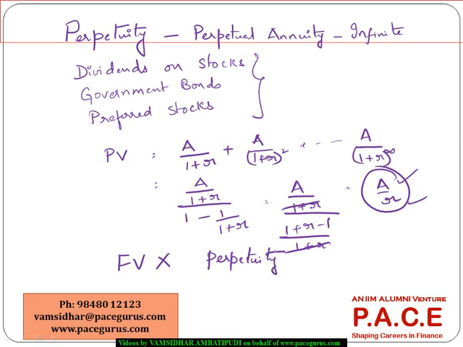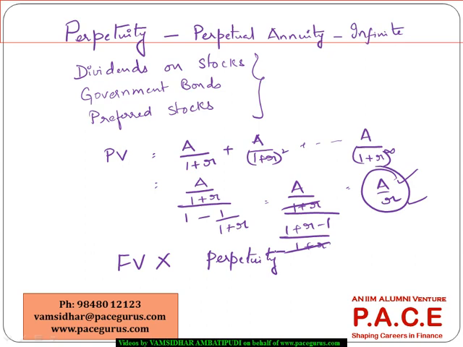I cannot define the time period there, so I cannot decide how much I am going to get at a future time period. So in the case of perpetuity, there is nothing called a future value computation. That's one more thing that we need to be comfortable with.